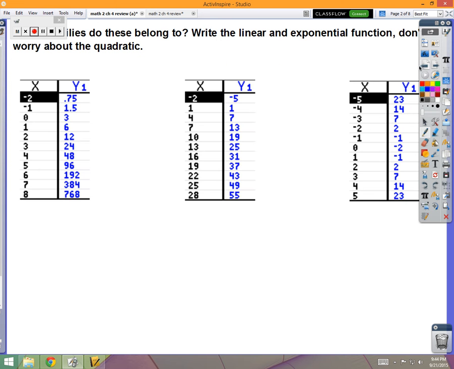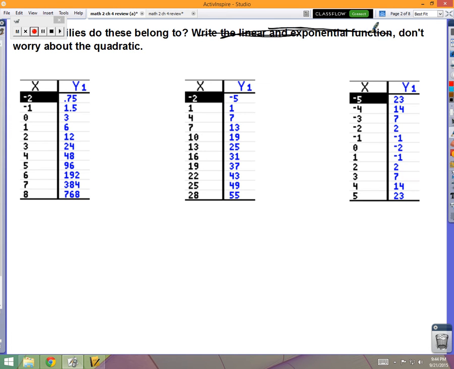Okay, looking at tables. All you've got to do for the test, you don't need to write the function, but you do need to identify which of the 3 families it belongs to. So this first one, a hint is, look where I'm ending up.